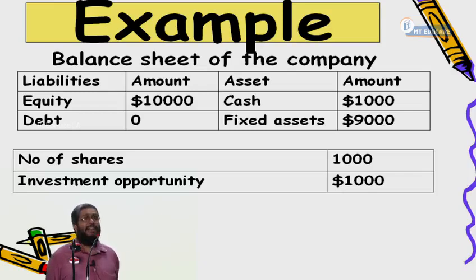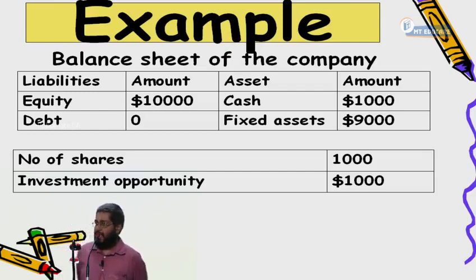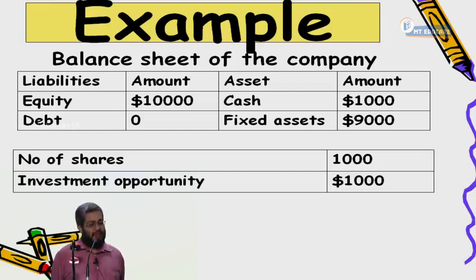The example and question number 9 are same, except that in question 9, the investment, the earnings and the dividend are going to happen a year later.